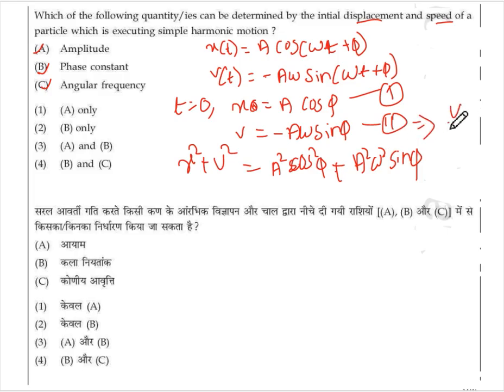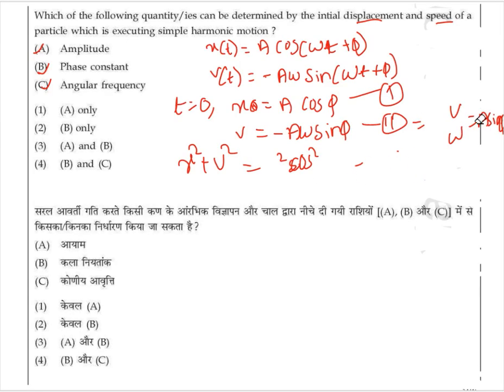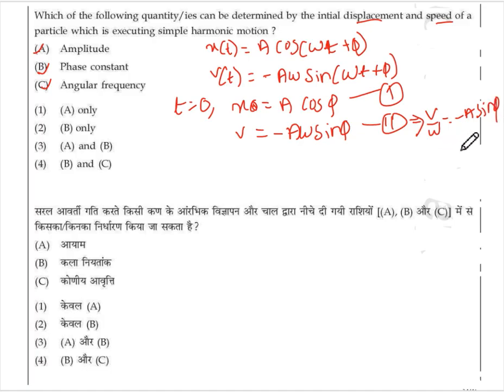It will be like v by omega equal to a sin phi. So now let's make this equation slightly changed. Take v by omega equal to minus a sin phi, and this one becomes my equation 2.